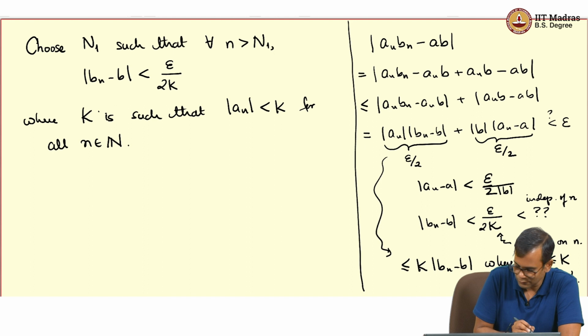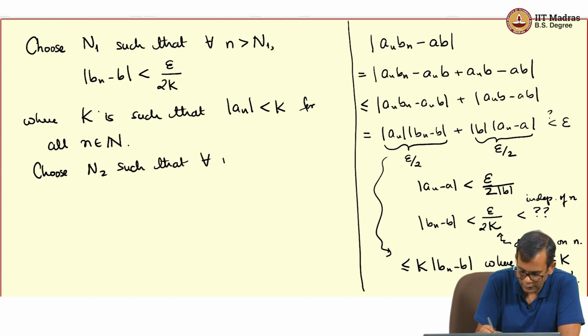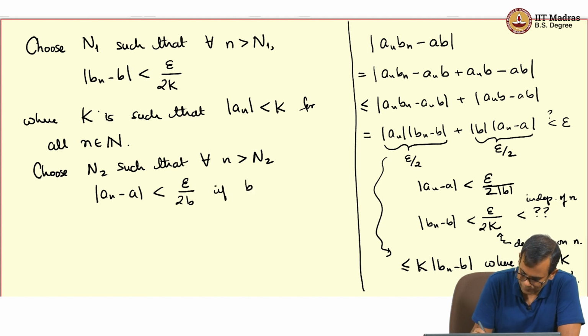That will take care of the first term. For the second term we will choose N2 such that for all n greater than N2, the absolute value of a_n minus a is less than epsilon by 2 times the absolute value of b, if b is non-zero. And if b is 0, do not worry about N2, just take N2 to be 1.